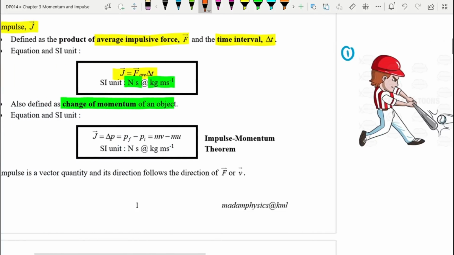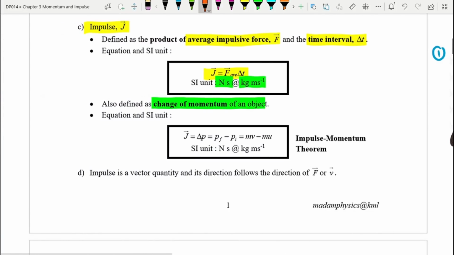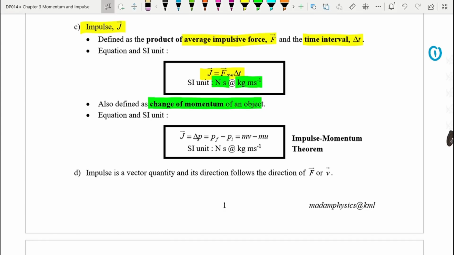Okay, so another formula for impulse, since it can also be defined as change of momentum, we can write the formula of impulse as change in momentum, which is delta p. Delta is actually the symbol for change. And then we will have different values of momentum, final and initial, so we have to minus since we are calculating the change of momentum.